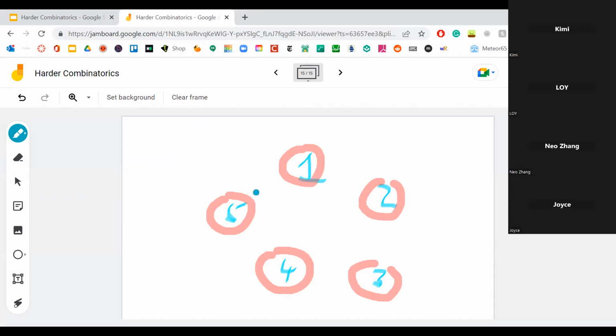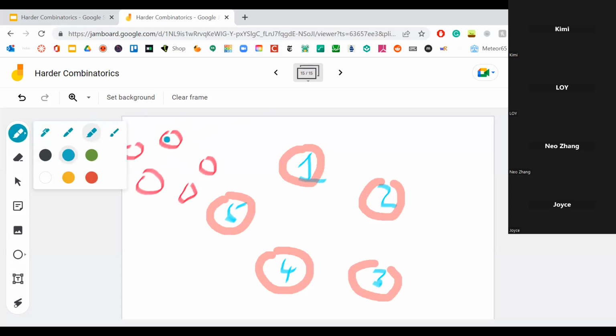What I mean by that is this here is essentially the same as having these people sit something like this. I'll draw it again over here in the corner, a little bit smaller. This is the same as having 5 sit here, 1 here, 2 here, 3 over here, and 4 over here.